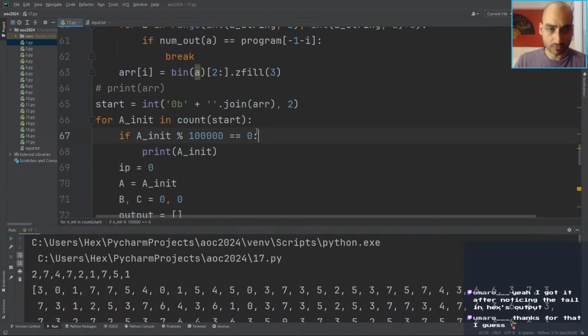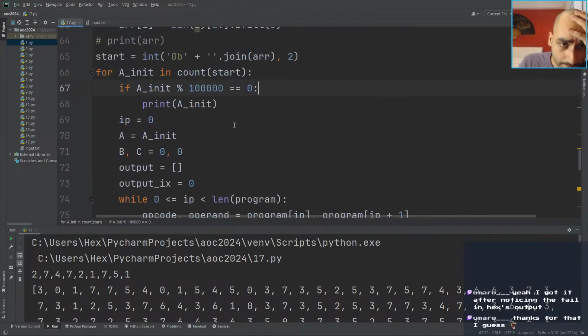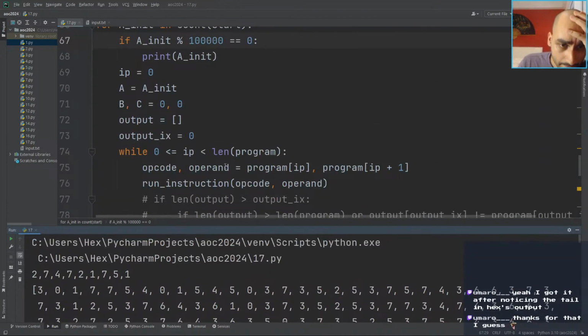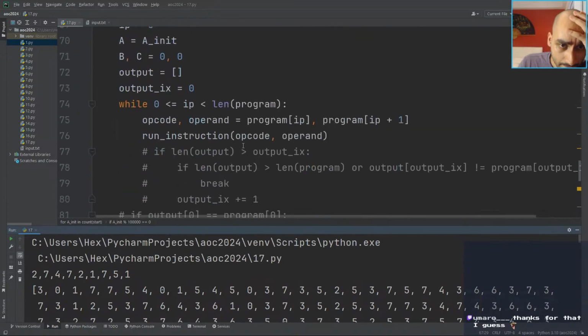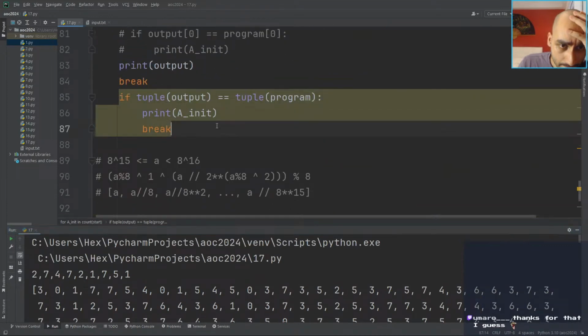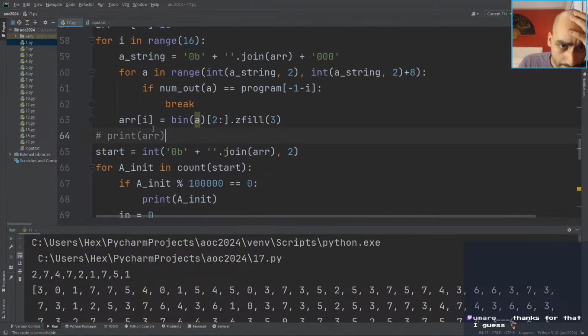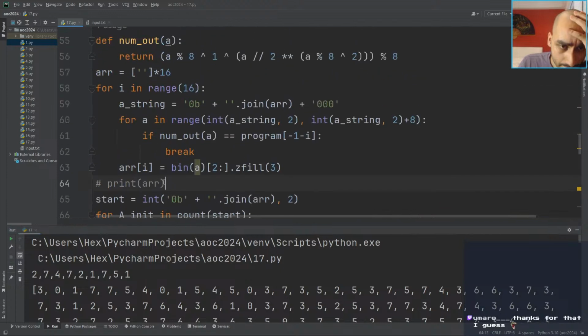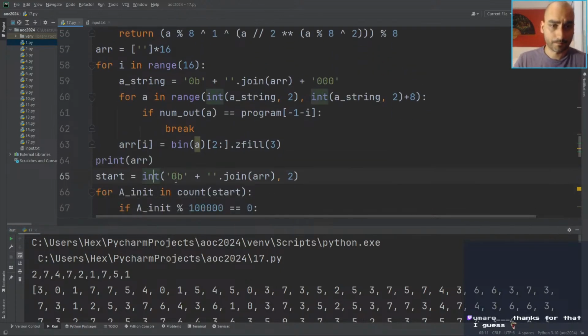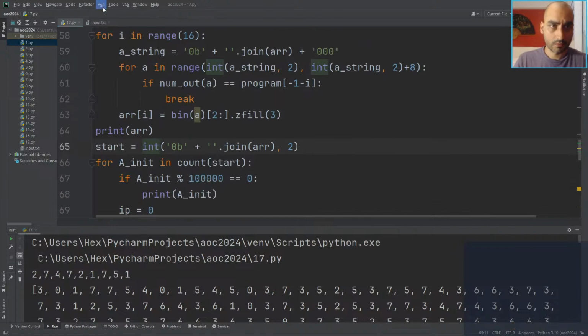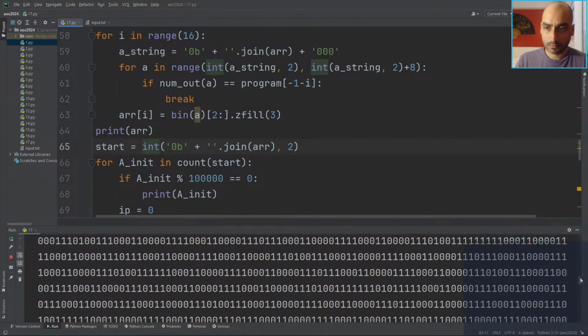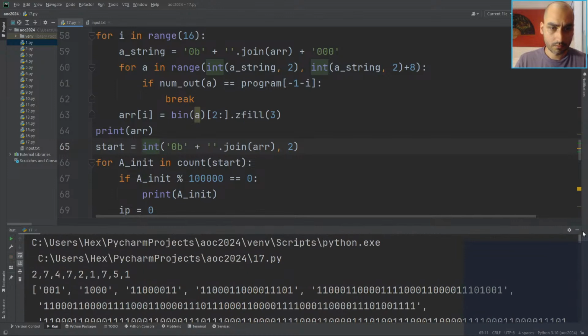I don't think I've used the array correctly. Print the array then. Oh, okay, this is wrong.